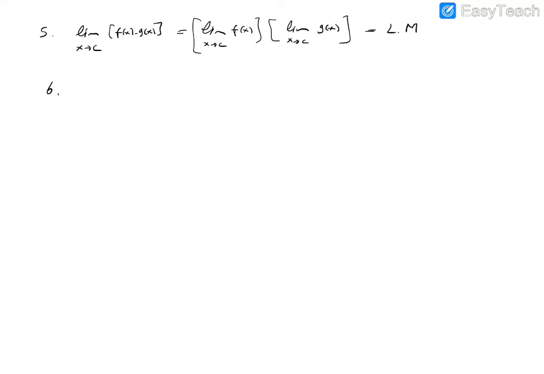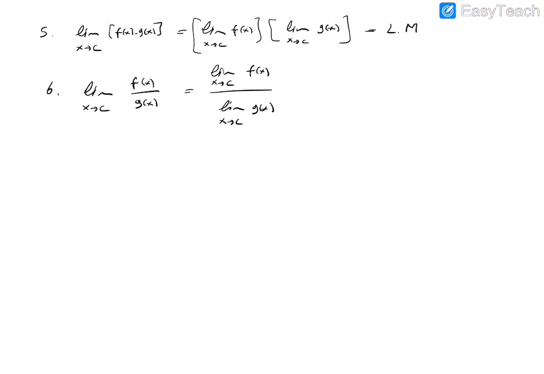And the next property is the division limit, with the quotient of f of x over g of x as x approaches c equals the limit of f of x as x approaches c over the limit of g of x as x approaches c. But here you should be careful.